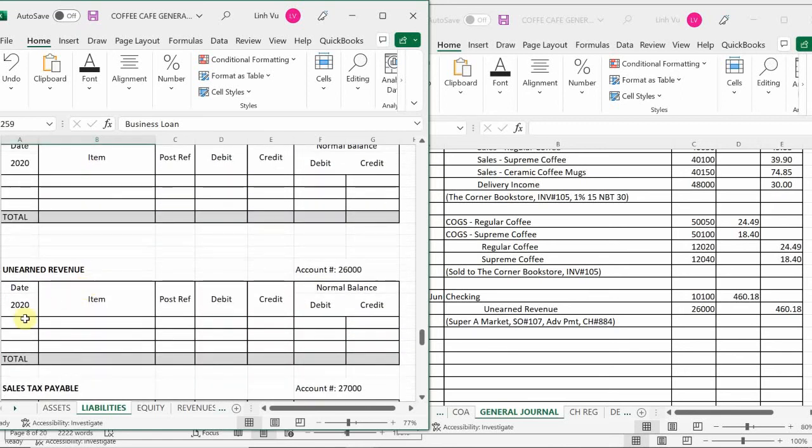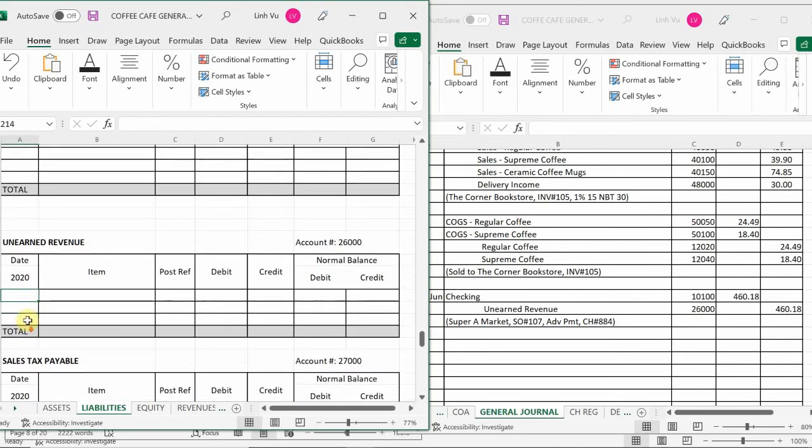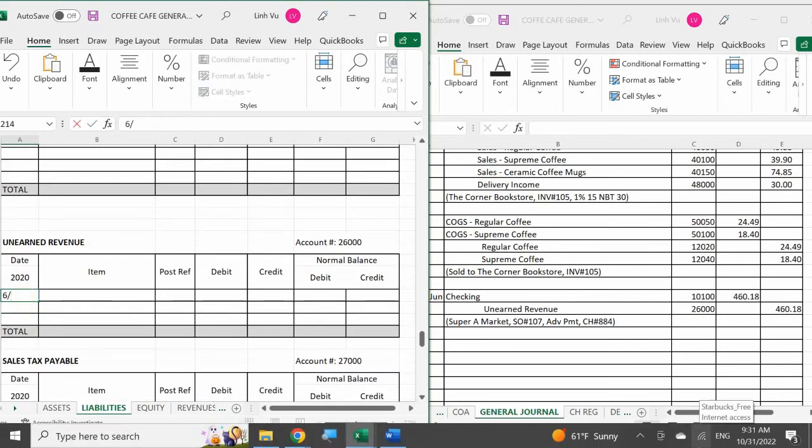There you go, unearned revenue. And that's for 460.18.